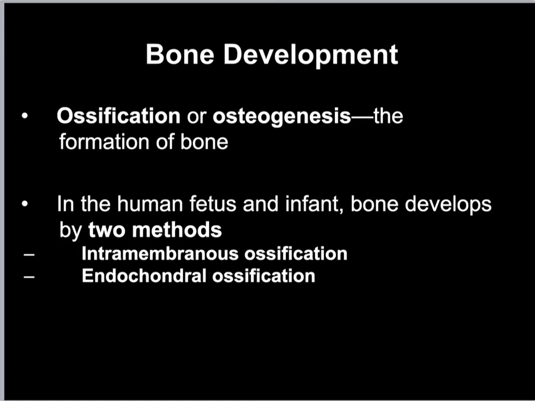To ossify means to make like rock, or to mineralize. So technically, ossification is the process of actually laying down the inorganic hydroxyapatite that turns other sorts of tissue, cartilage or whatever, into bone.